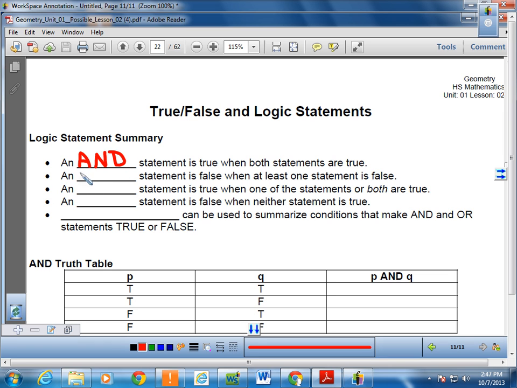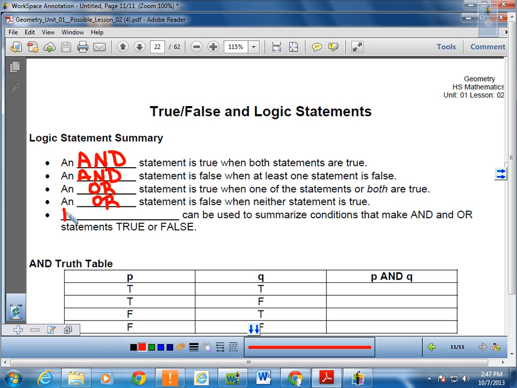An and statement is false when at least one statement is false. An or statement is true when one of the statements or both are true. An or statement is false when neither statement is true.